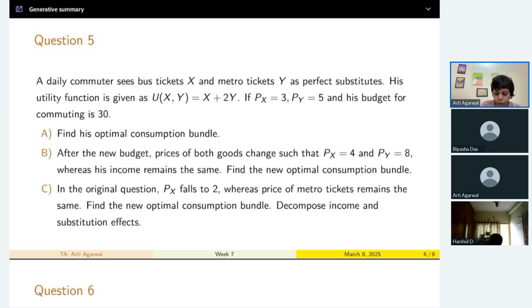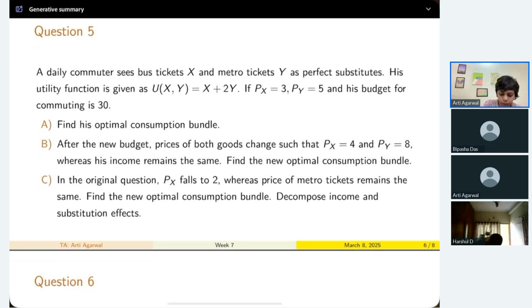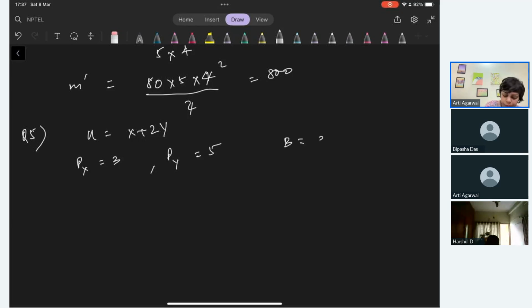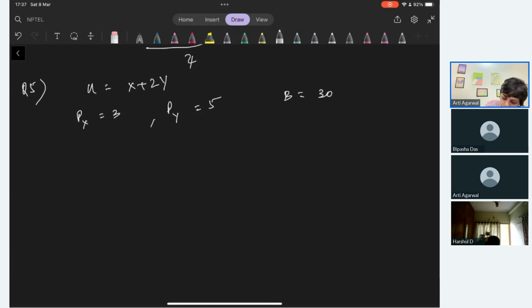And then I will do part C. Okay, let's go to the solution. Let's write the budget equation.